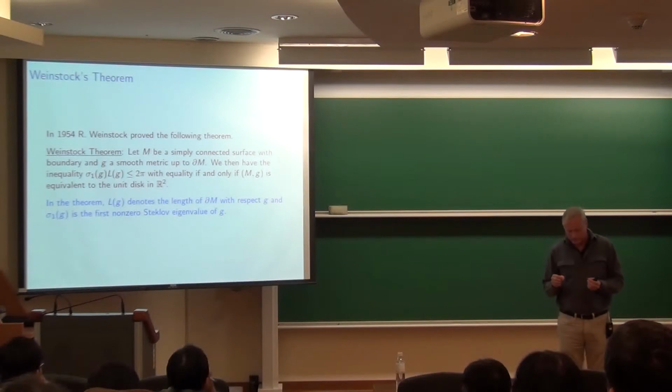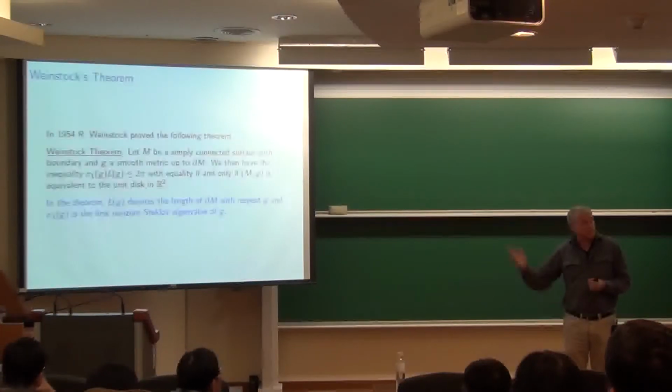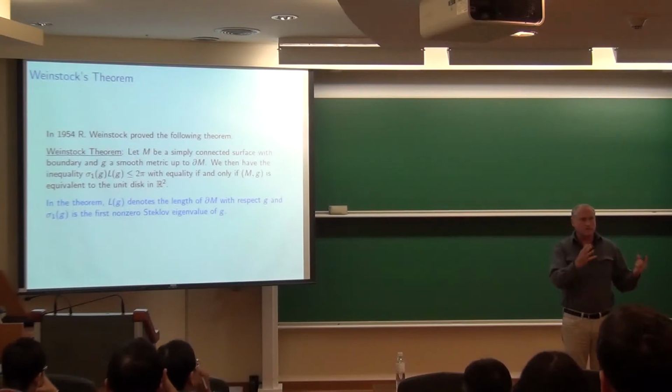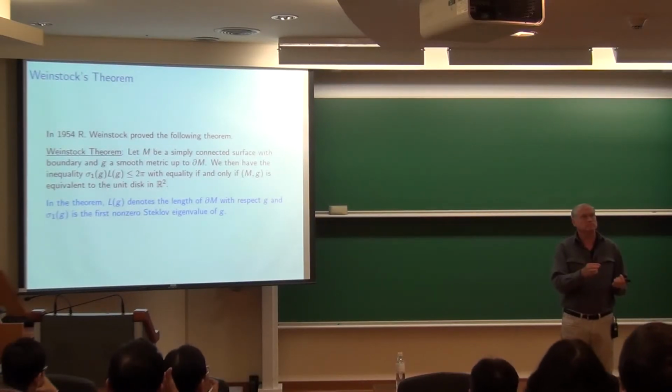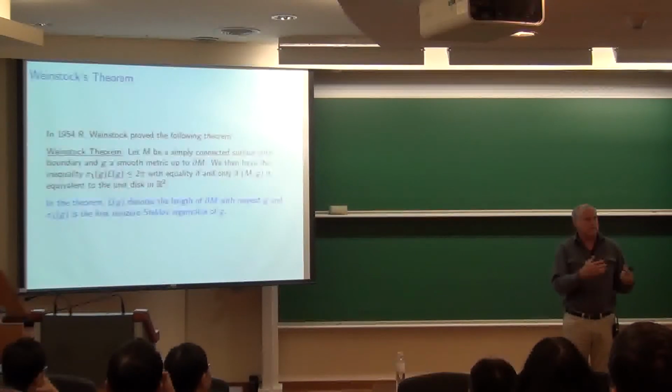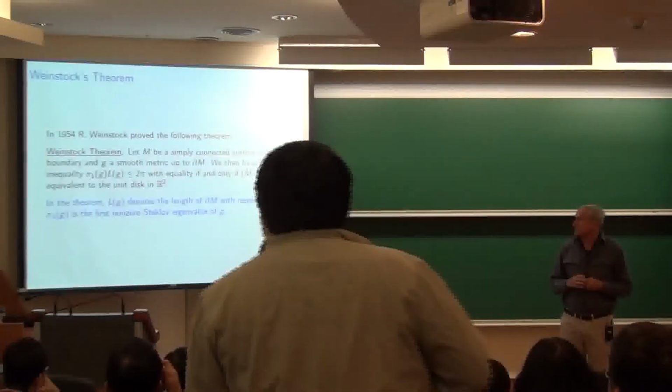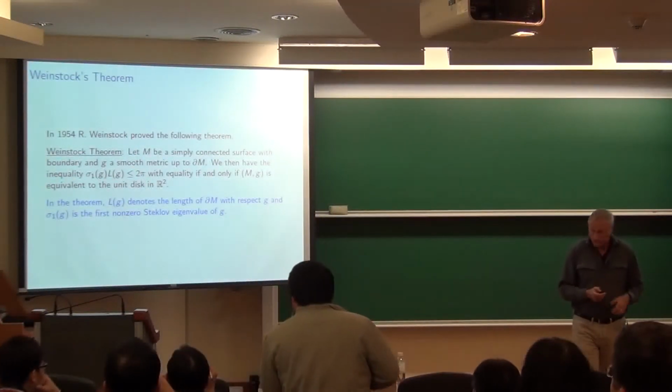Hersch's theorem, if you go back to the original paper, is also not written in geometric terms. He was thinking of a membrane with a density function, and then studying the eigenvalues associated with that membrane. And similarly, it's true for Weinstock's theorem.